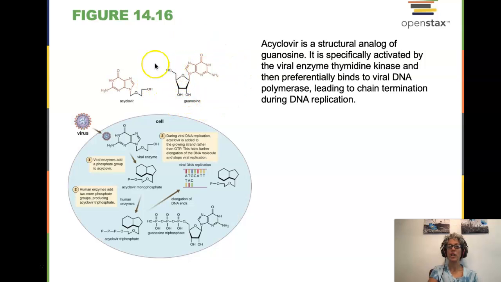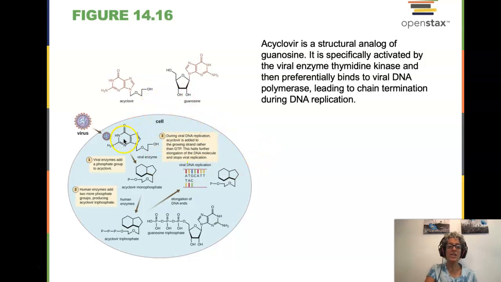It would be a nucleotide if we had phosphates on it. But there is the ribose and there is the guanine. So acyclovir has the same two-ring structure as guanosine, but it doesn't have the ribose. It is without the circle. That is why it's acyclovir.